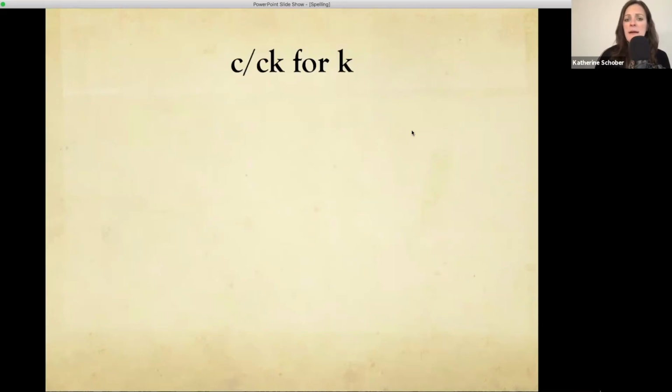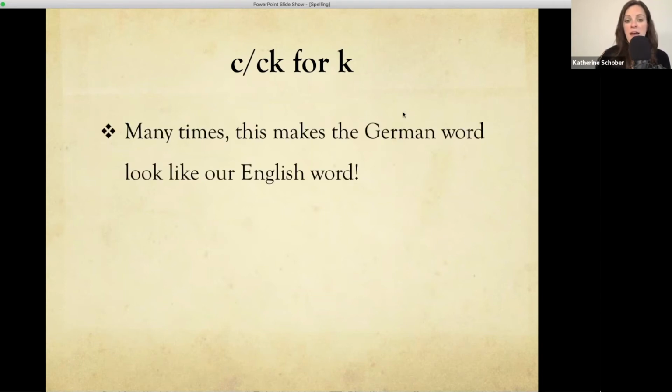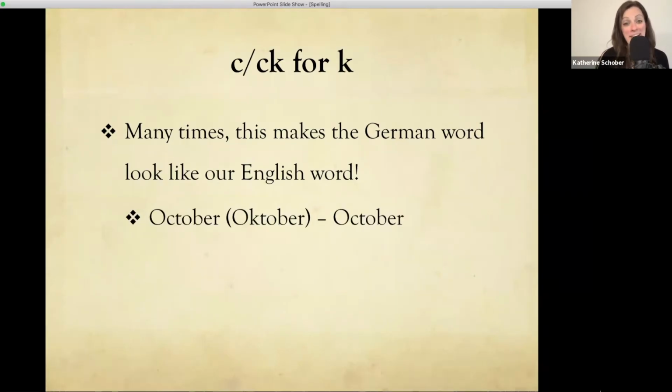Another variant in spelling you might see is either a C or a CK, where a K would be today, which oftentimes makes the German word look more like our English word today. So for example, in German today, the month of October, if you'll remember, is spelled with a K, but as you go farther back in time, you might actually see it with a C on your German records.